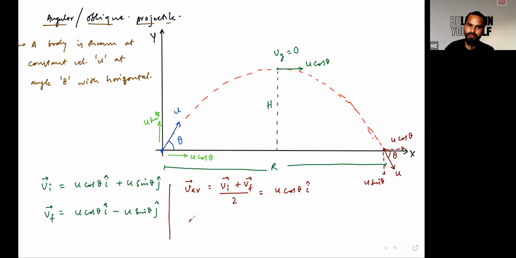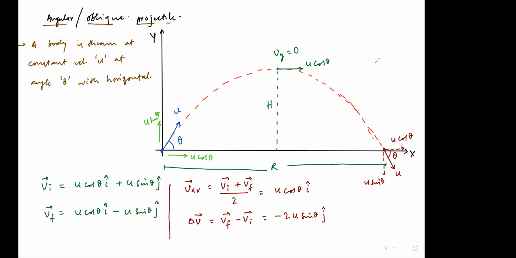Similarly, for the difference of the velocities, it will be final velocity minus initial velocity. If you subtract these two terms, it will be 2 times u sine theta j cap, with a negative sign. Is it clear to everyone? Yes, sir. Just write it down. Okay.